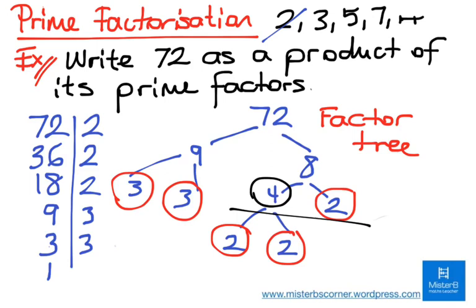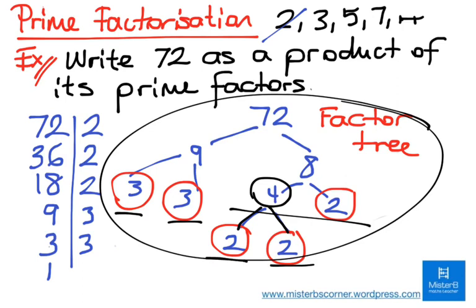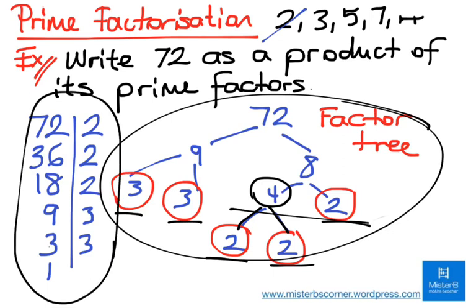I have to go on breaking 4 into its prime factors, right? So if I'm going to use this factor tree method, then I have to make sure that the numbers at the very bottom that I get are prime factors. Whereas if I'm going to use this method, I have to make sure that the numbers I write here are prime numbers.